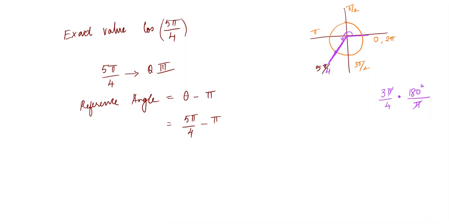Well, if it was 3 pi over 4, we would have done pi minus theta. For 5 pi over 4, that's 5 pi minus 4 pi over 4, if you took the LCD, which comes out as pi over 4. So we are looking at this angle here, which is pi over 4.